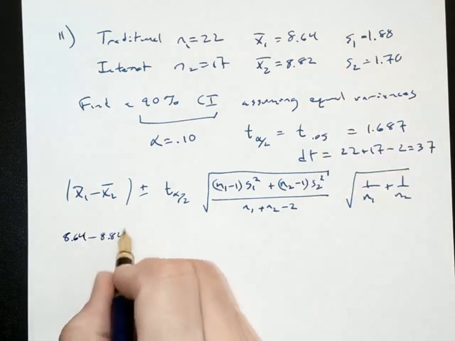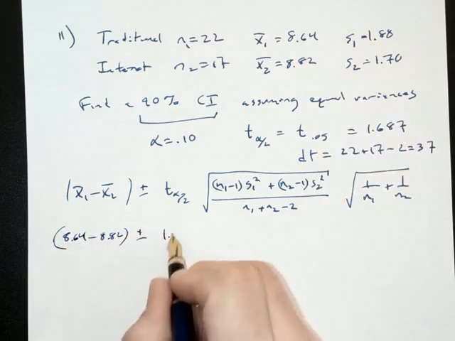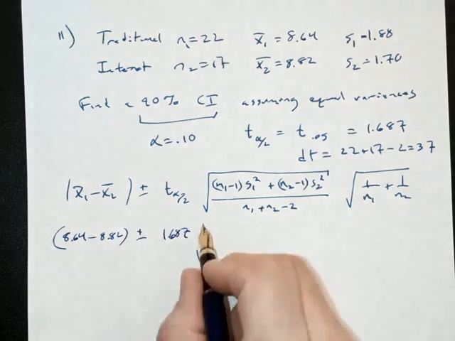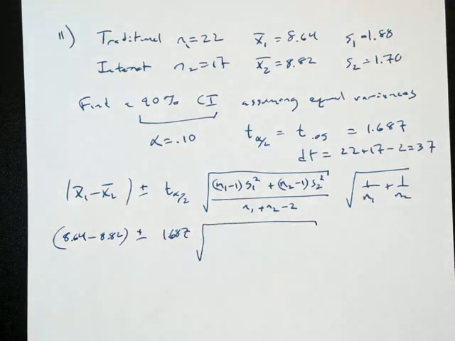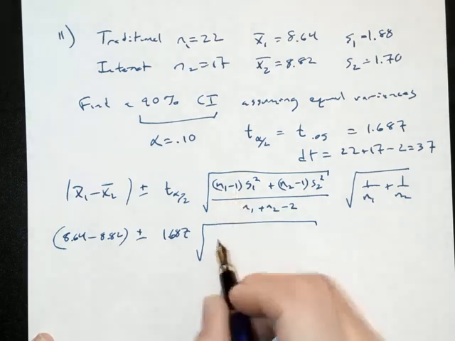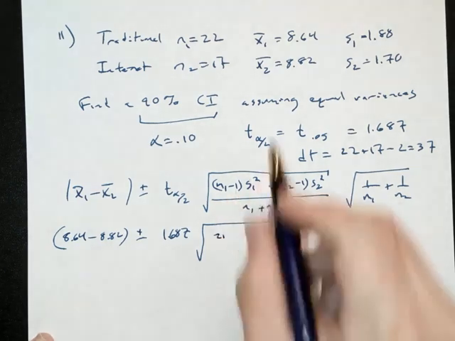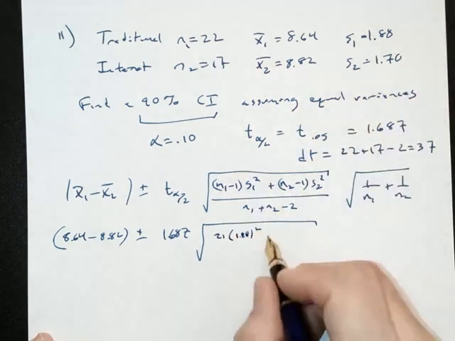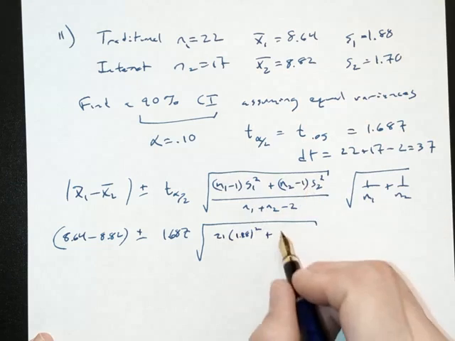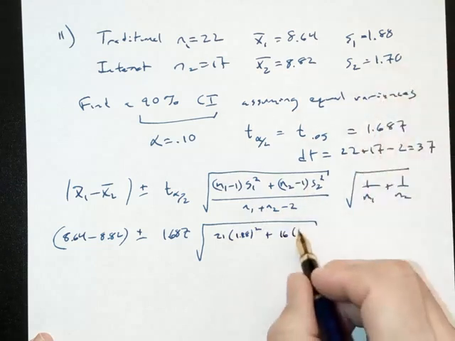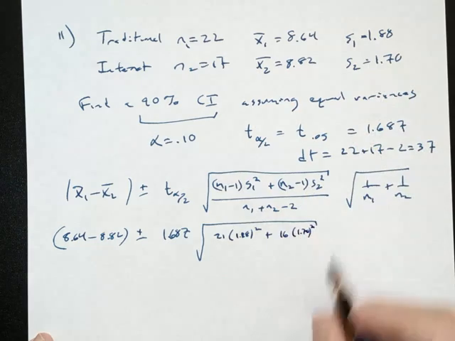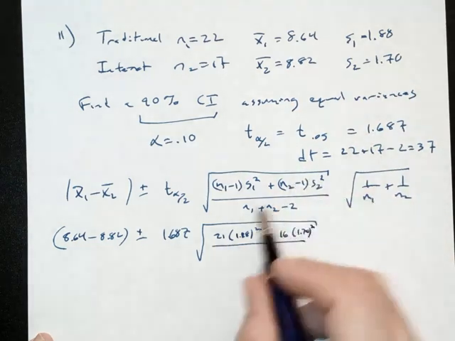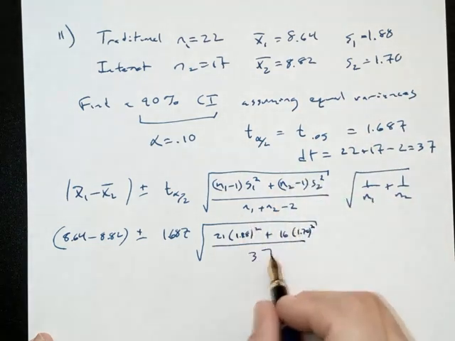8.64 minus 8.82 plus or minus 1.687 times the square root of N1 minus 1: 22 minus 1 is 21 times 1.88 squared, plus 17 minus 1 is 16 times 1.70 squared, over, that number's my degrees of freedom, 37.